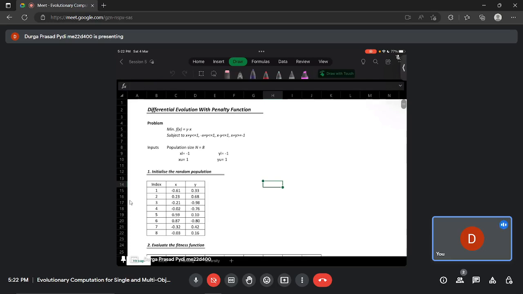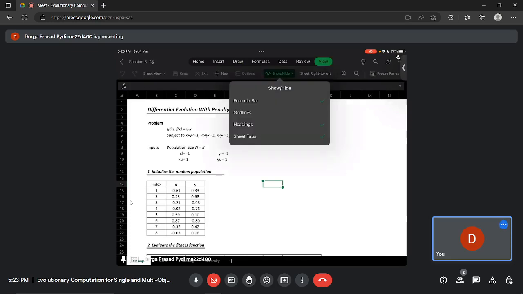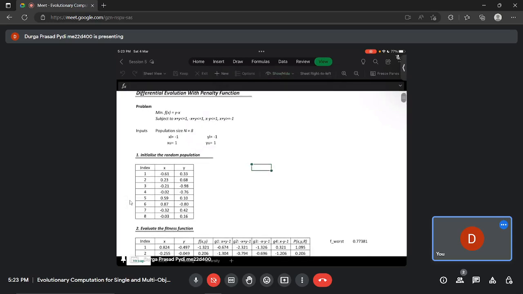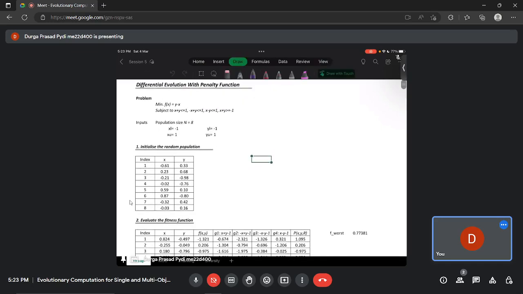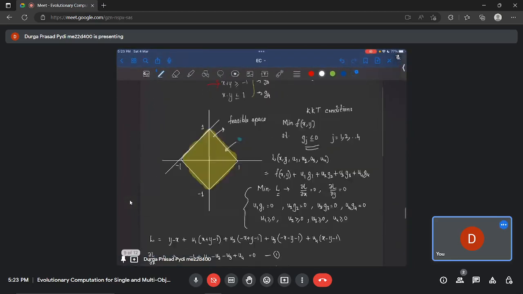If you remember, this is the same workbook we were using previously for understanding penalty functions. So we'll consider the same problem which we considered previously. Our objective is to minimize the value of f of x equal to y minus x subject to the constraints in this particular way, which gives you the same problem as this.